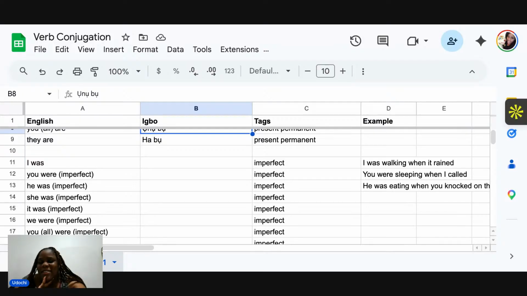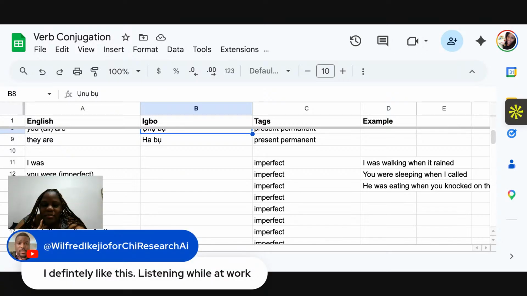Listening while I worked. Hi, let's see this comment. I definitely like this, listening while I work. Hi, Wilfred. Thank you for appreciating the work I'm doing. I'm just doing some Igbo conjugation, trying to figure out how to conjugate some of these words in Igbo. So thank you for your appreciation.